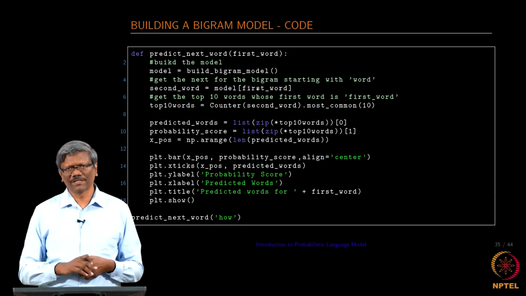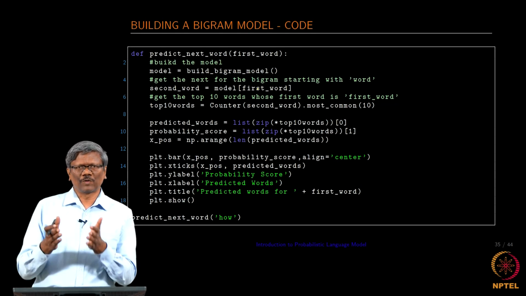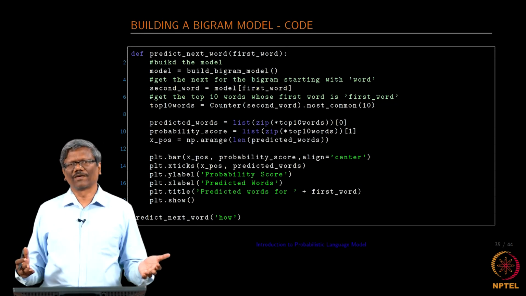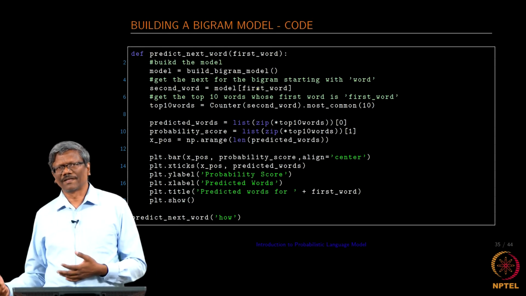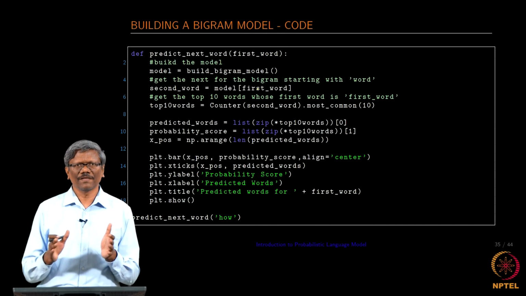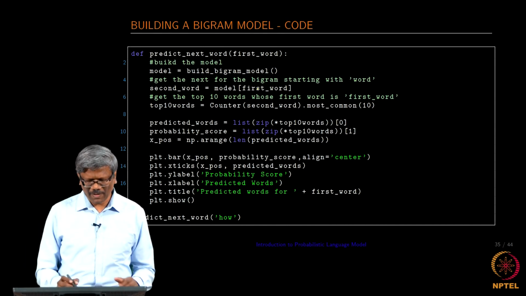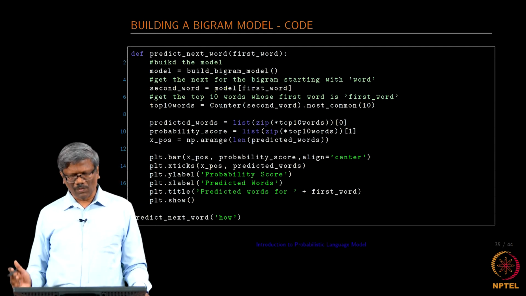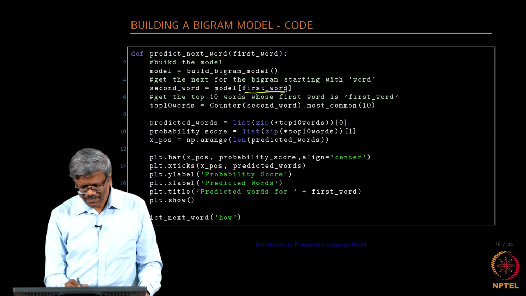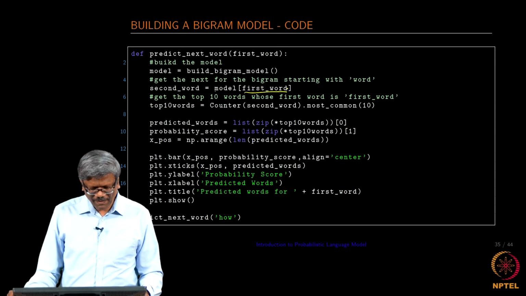The combinations of the first and the second, you could have had 2 words together only in the entire corpus, or 5 words, or sometimes 50 words or 100 words, and so on and so forth. So, there could be a combination of so many of them. So, this model gives me the list of all those words starting with the first word.